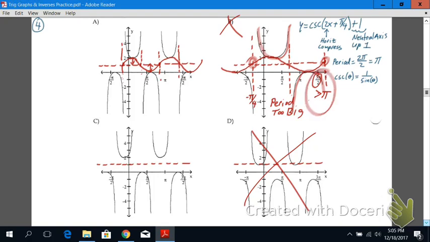It's way out here, much bigger than pi. So choice B is out of the running.